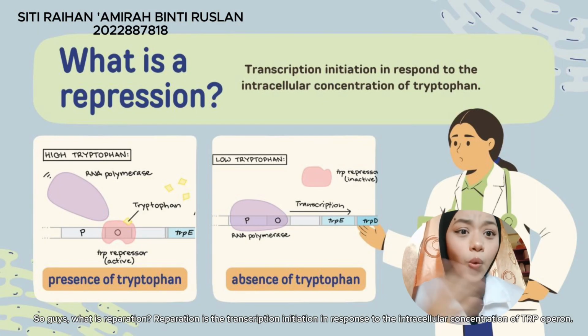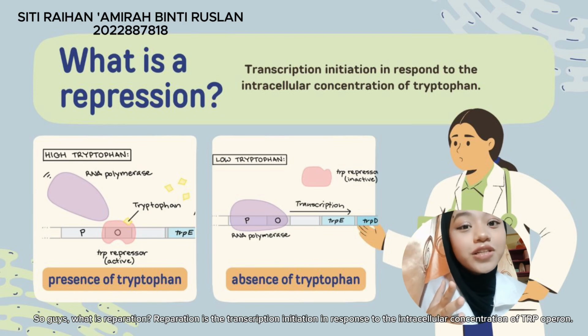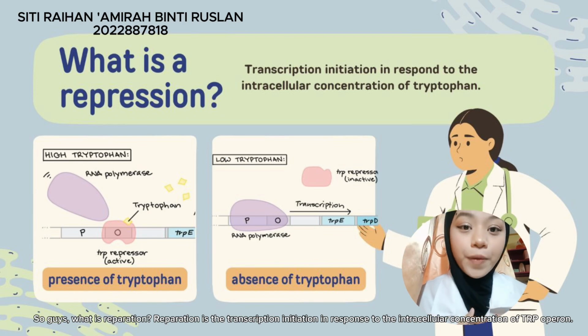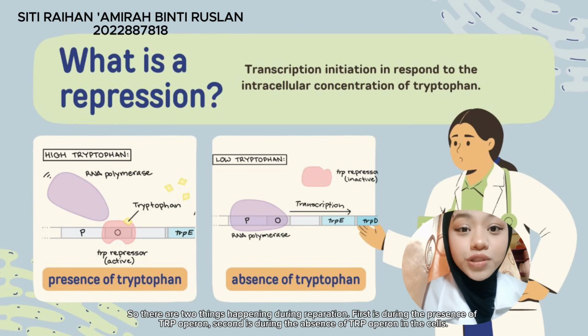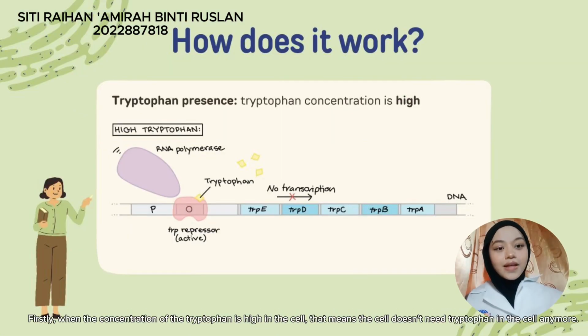So guys, what is repression? Repression is the regulation of transcription initiation in response to the intracellular concentration of tryptophan. There are two things happening during repression. First is during the presence of tryptophan. Second is during the absence of tryptophan in the cell.